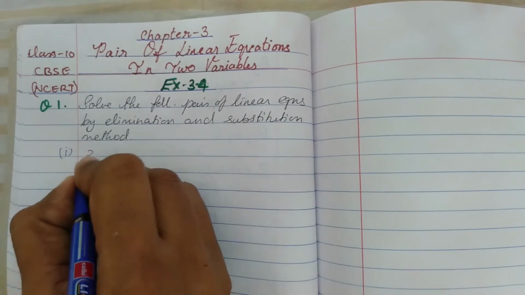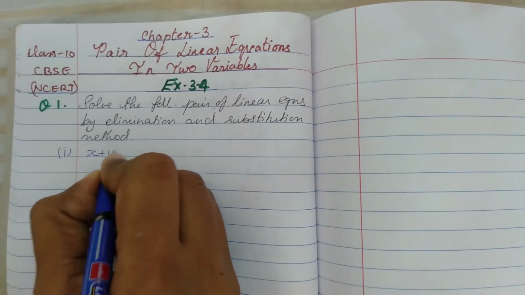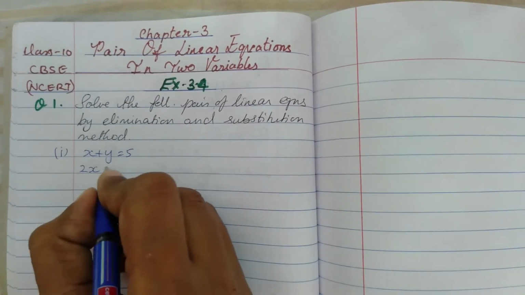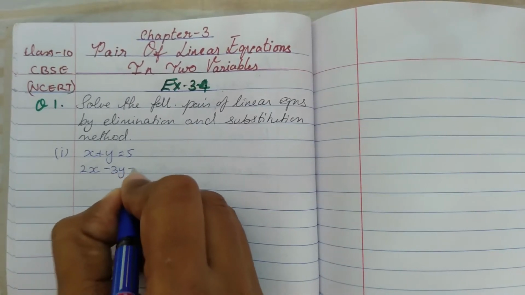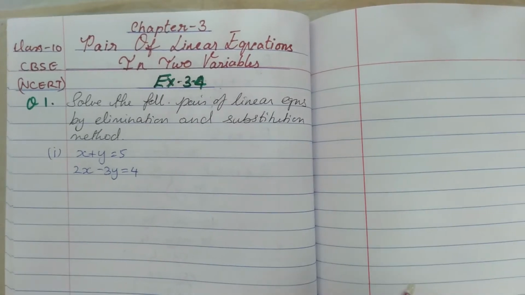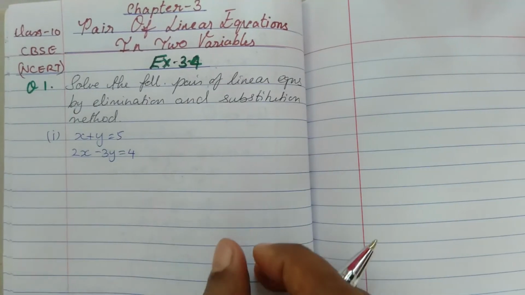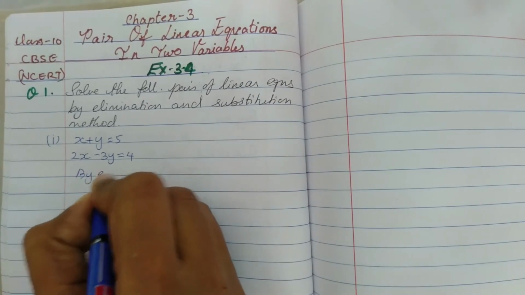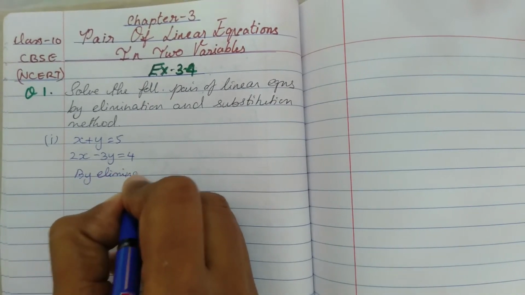The equations are x plus y is equal to 5 and 2x minus 3y is equal to 4. Now first let's solve using elimination method.